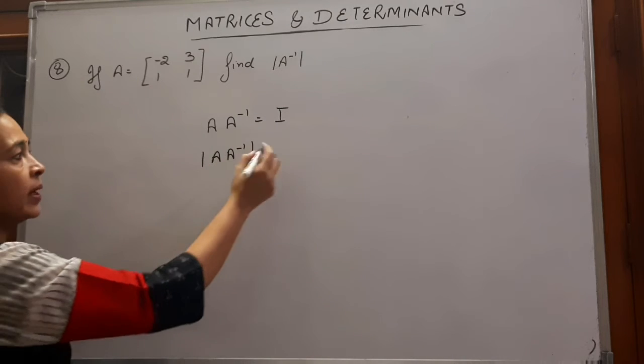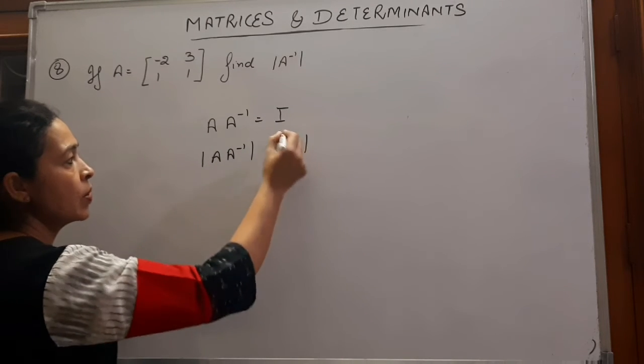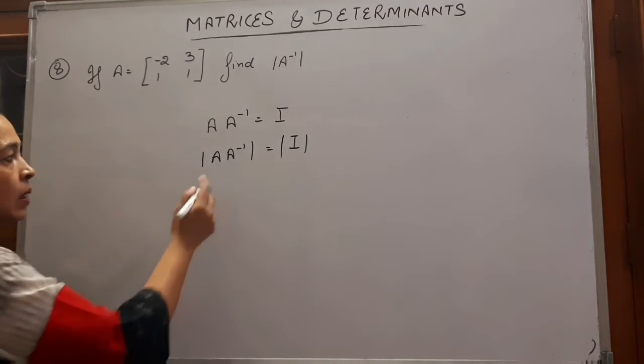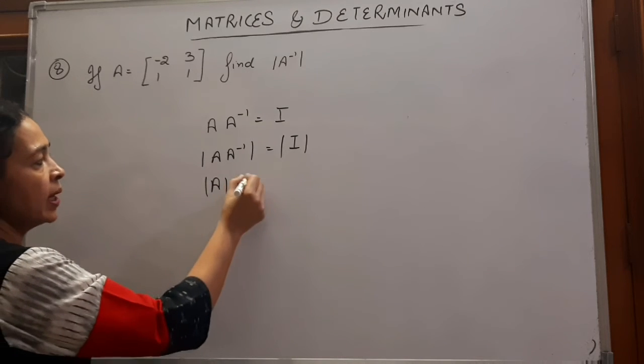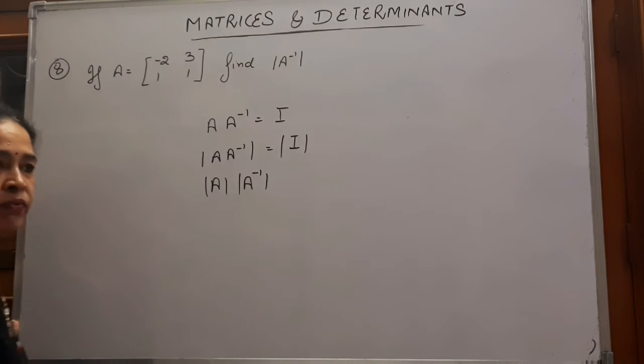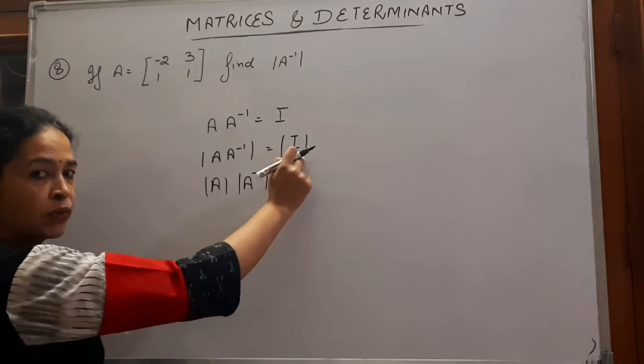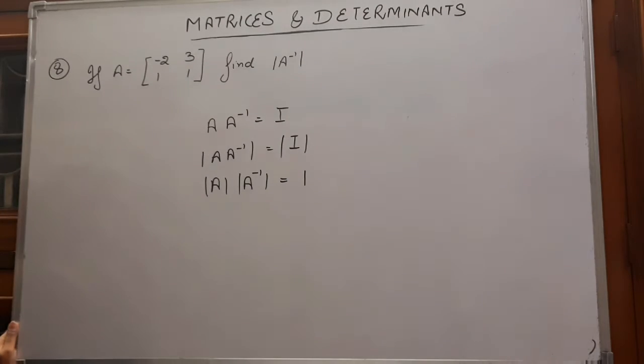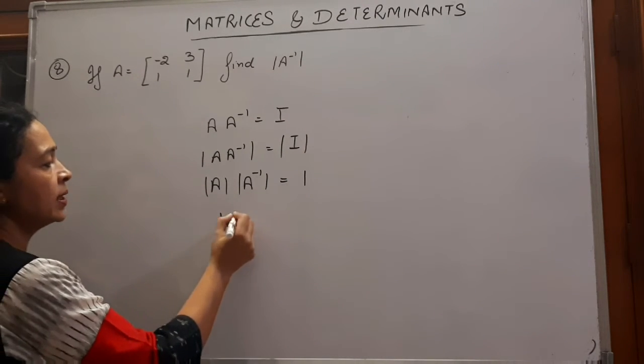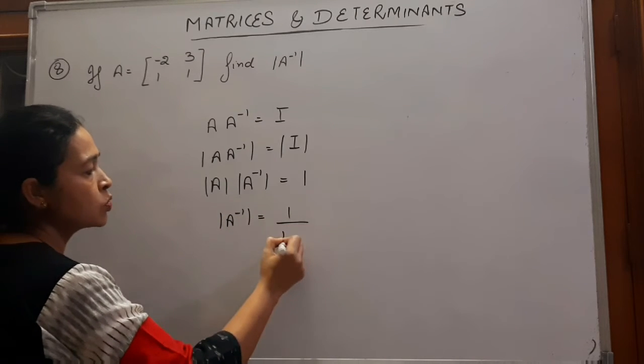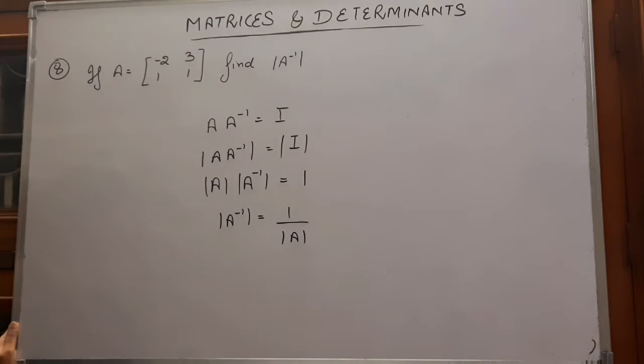Determinant of A into A inverse will be determinant of I. We have determinant of A into determinant of A inverse equals determinant of I, which is always 1. Determinant of identity matrix is 1. Now, the determinant of A inverse will be equal to 1 upon determinant of A.